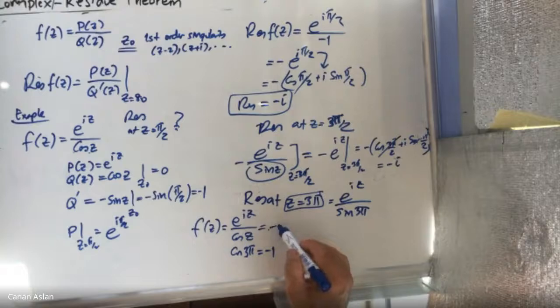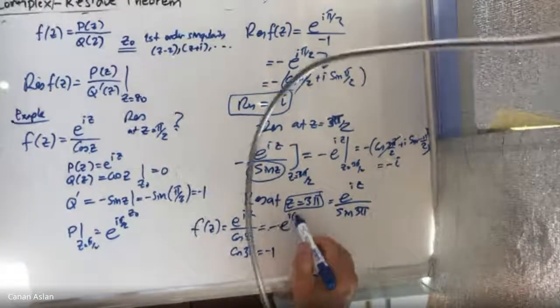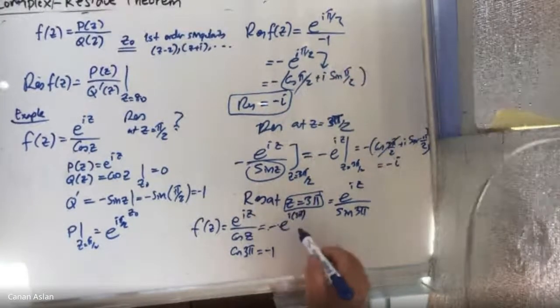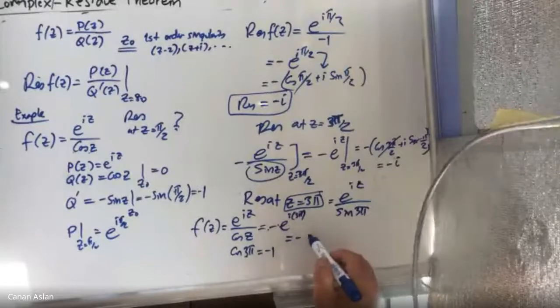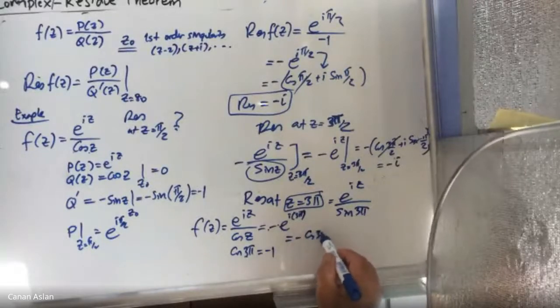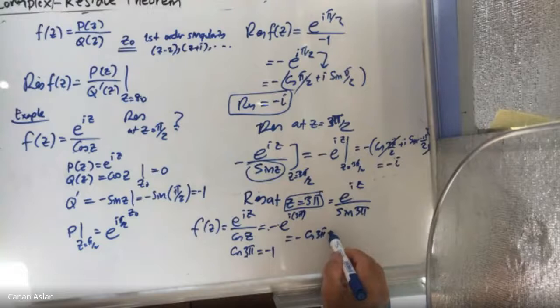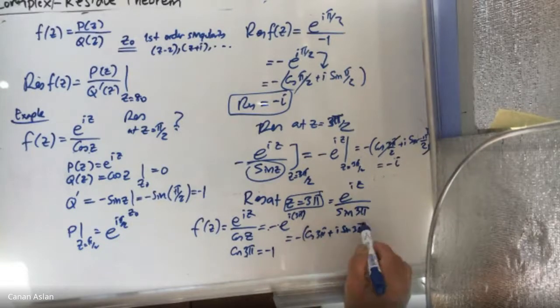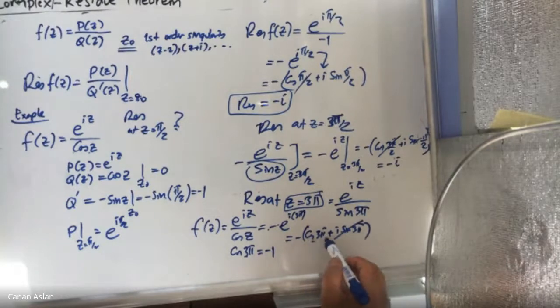So minus 1 times e to the i 3 pi. So it's just equal to minus cosine 3 pi plus i sine 3 pi. This goes away. In this case, this is minus 1, another minus 1, the result is 1.